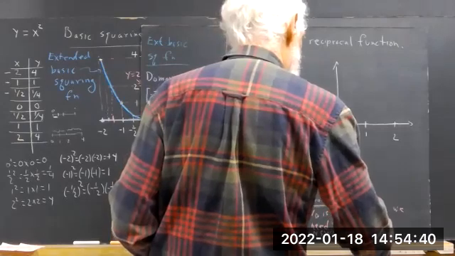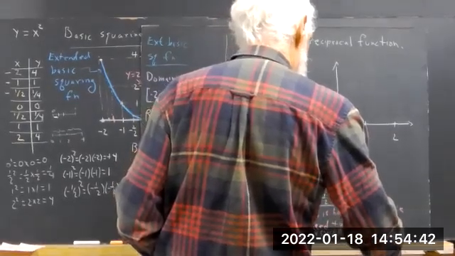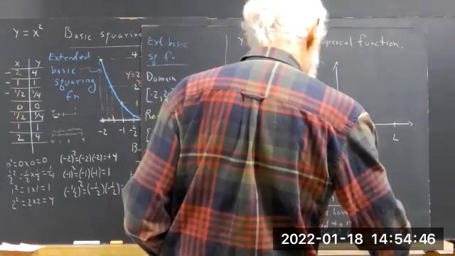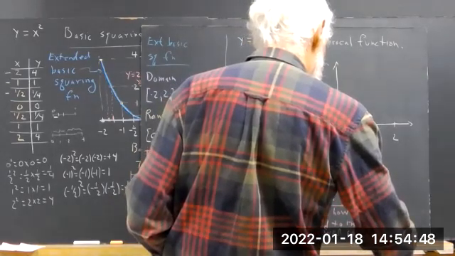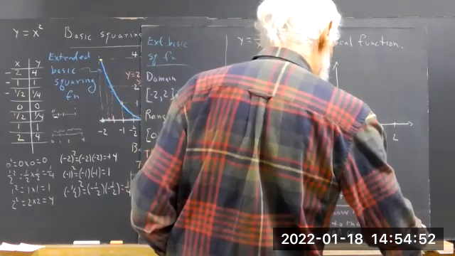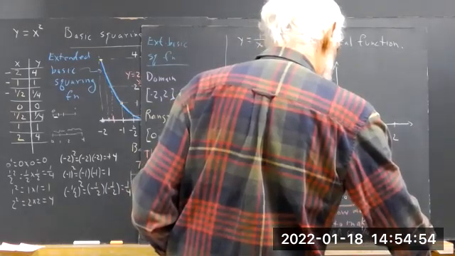So 1 over 0 is, sorry, it's a little hard to write down here at the bottom of the board.